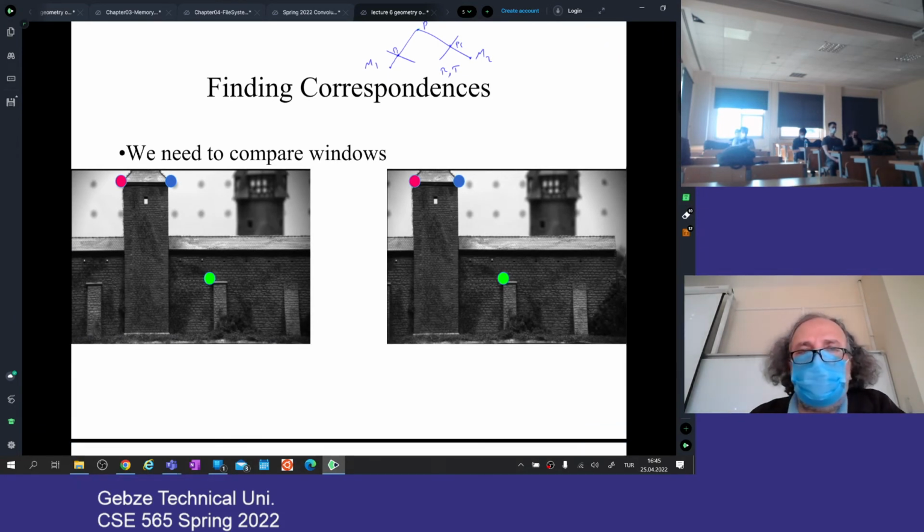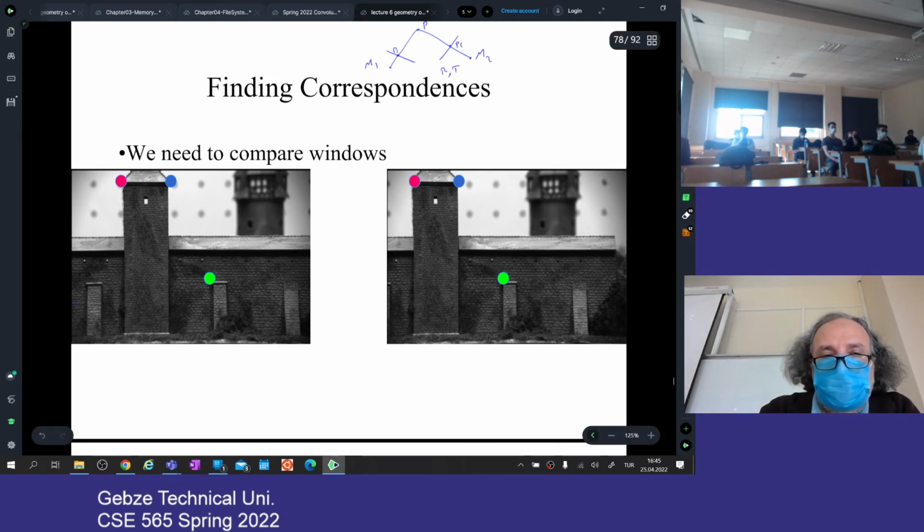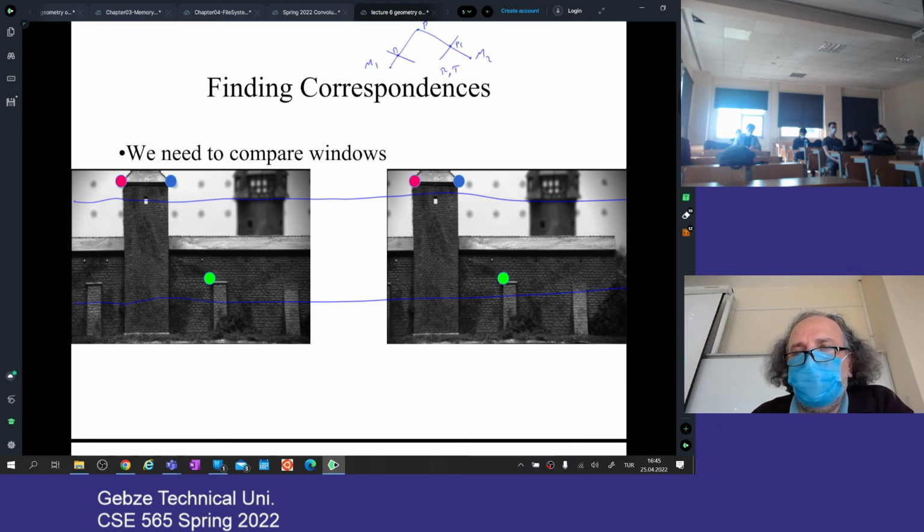First, we are going to assume that our images are rectified. So on this line, all the correspondences will happen, and any point on this line will be on the same line in the other image. You don't have to look anywhere else.